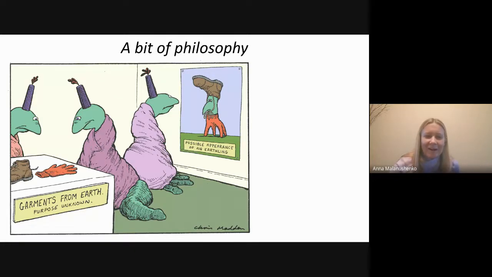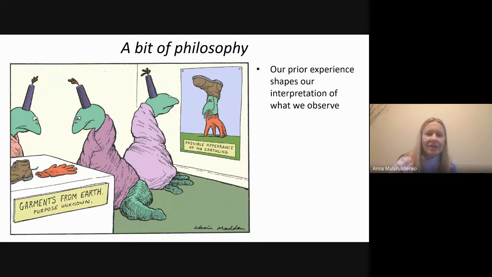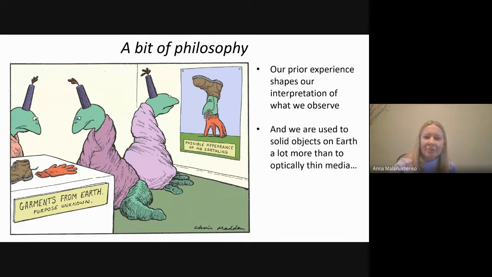The point in this picture is that our experience shapes our interpretation of our future experience. And our prior experience is that with objects on Earth. And objects on Earth are a lot more often solid and palpable and, well, distinct, coherent.